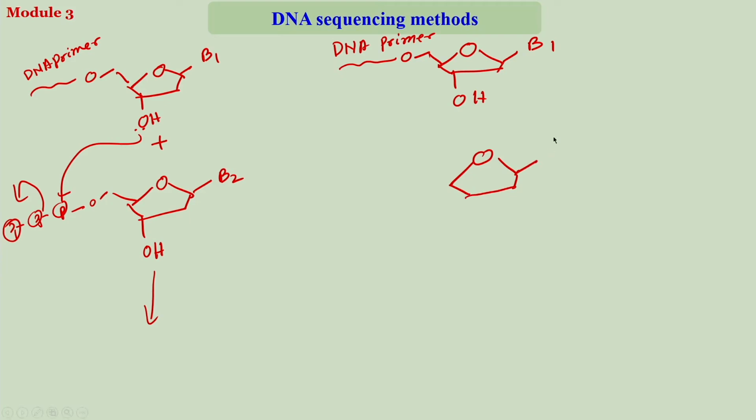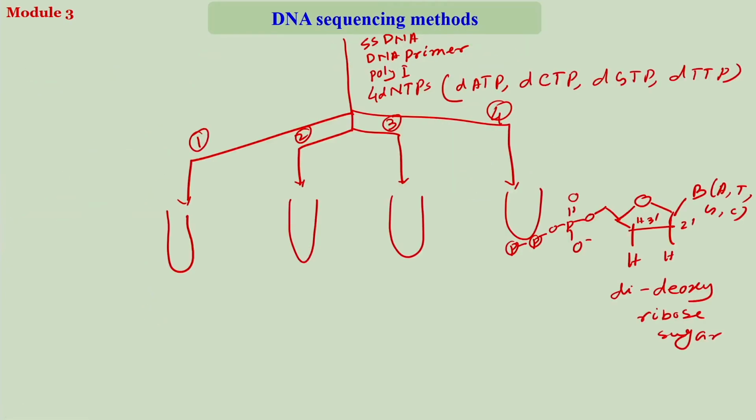I will forget otherwise, so I am going back. Di-deoxyribose nucleotide triphosphate is abbreviated as ddNTP. So, dNTP is the deoxyribose, dd is di-deoxyribose nucleotide triphosphate. This is the abbreviation that we will be using from now.